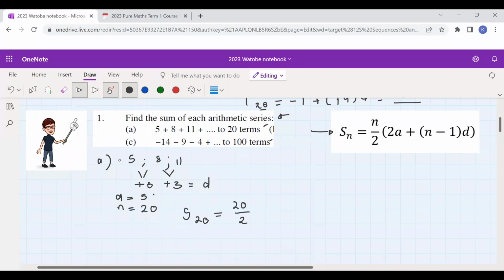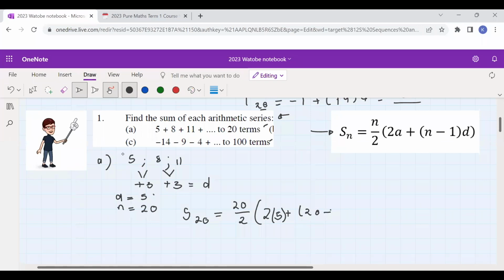Before I type everything in the calculator, I would write it down so that if I make a mistake, I can at least get my procedure marks. I can't speak and write at the same time, but I'm still trying to do it.